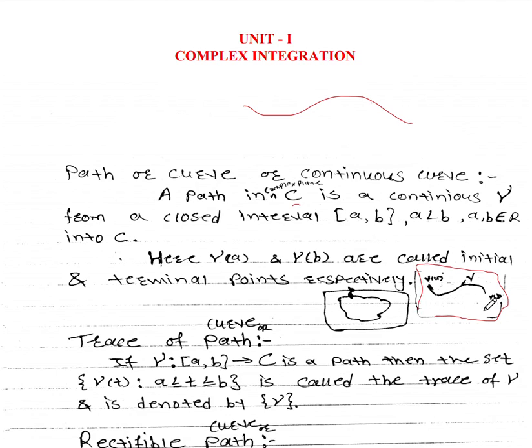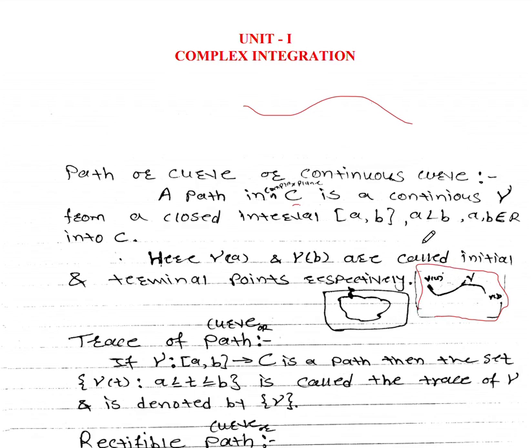This is the point a and this is the point b, and that curve's name is the gamma curve. This is gamma of a and this is gamma of b. Here gamma of a is the starting point and gamma of b is the ending point.